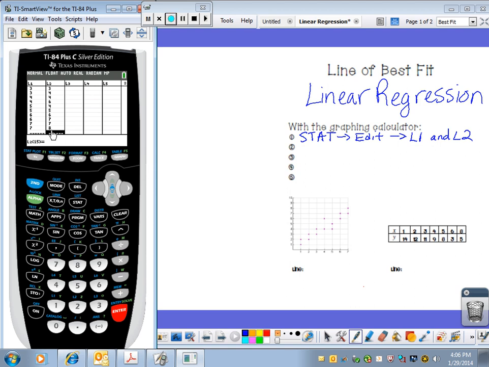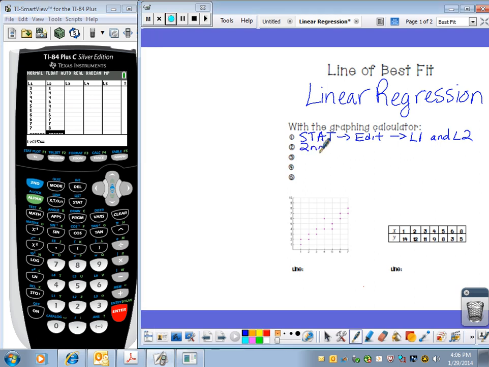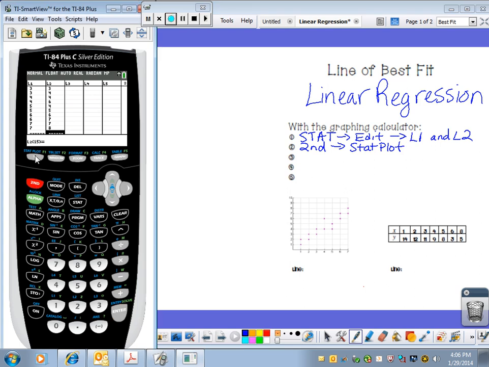So I need to then go to second, stat plot. That is the blue button here, and the Y equals key is stat plot. I'm going to choose number 1, and I'm going to make sure that it is on, enter, and then I'm going to go down.